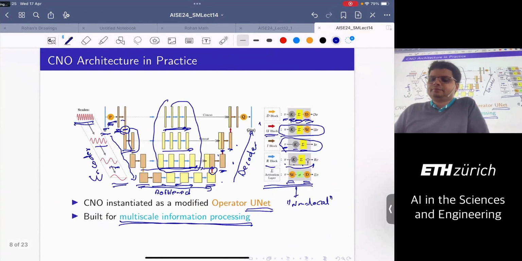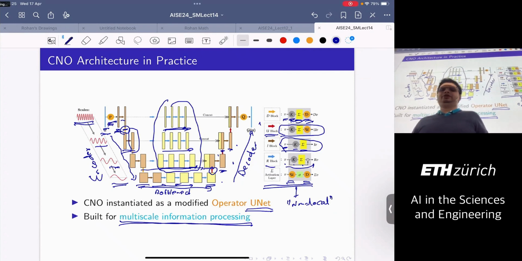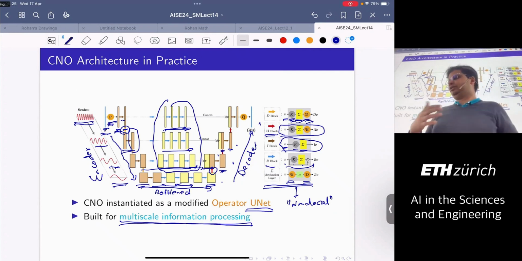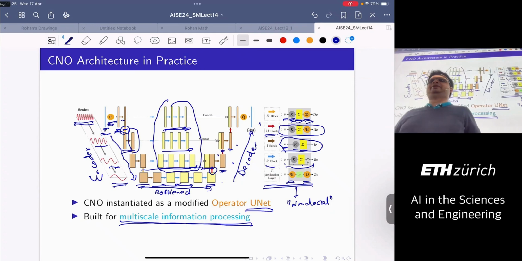Yes, absolutely. Is there a way to say how much you have to downsample? Yeah, you can. There are different choices here, right? But at the end of the day, you have only a finite amount of compute and a finite amount of mental bandwidth to work with these things. So what you do is it's essentially a binary processing.